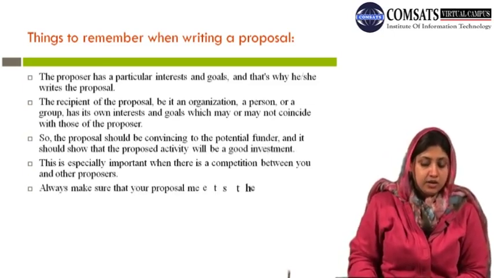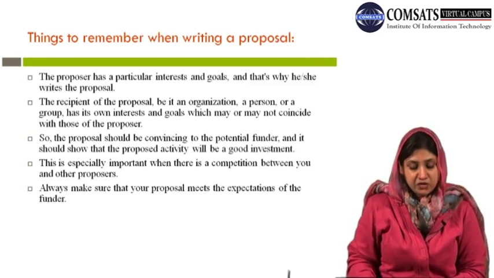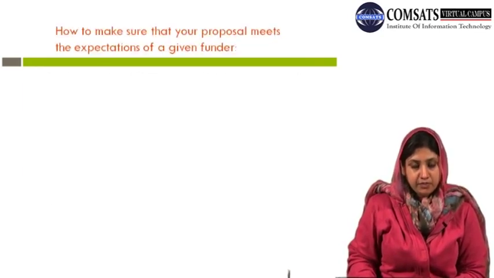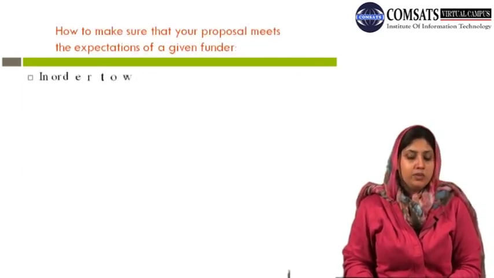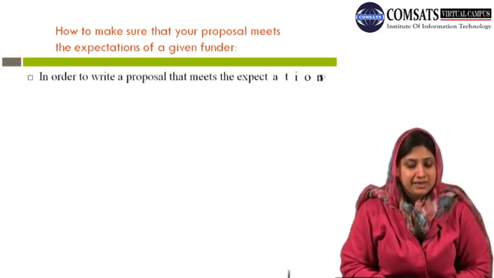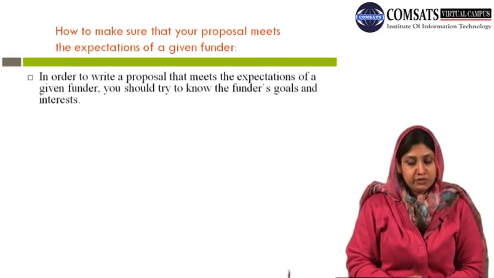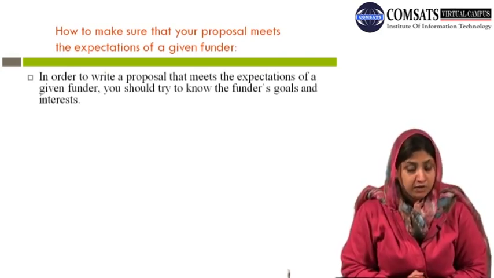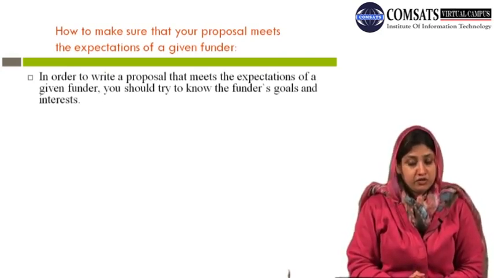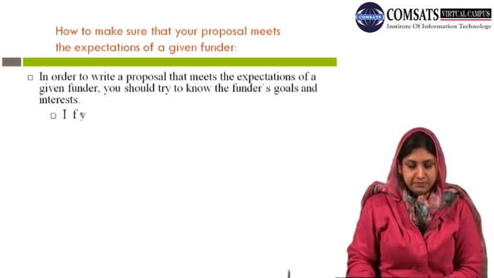Always make sure that your proposal meets the expectations of the funder. So how will you make sure that your proposal meets the expectations of a given funder? In order to write a proposal that meets the expectations of a given funder, you should try to know the funder's goals and interests.